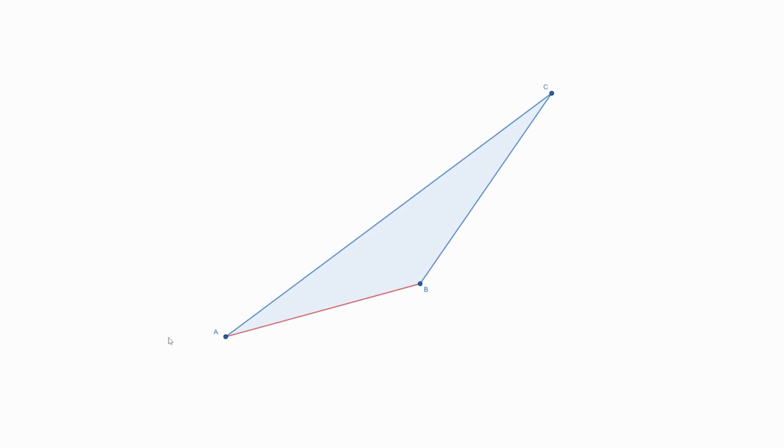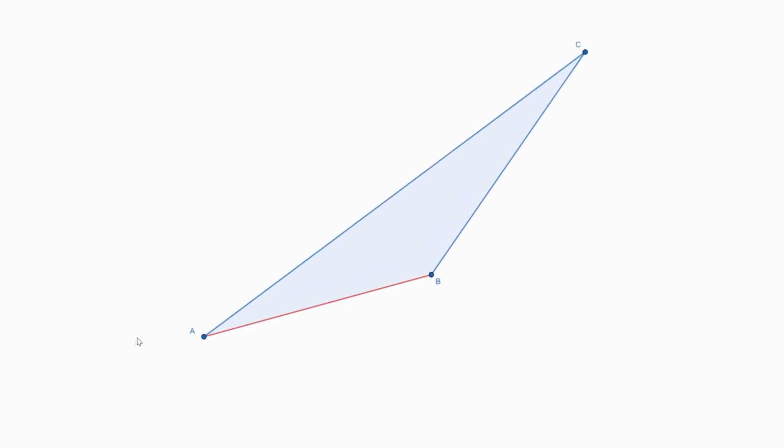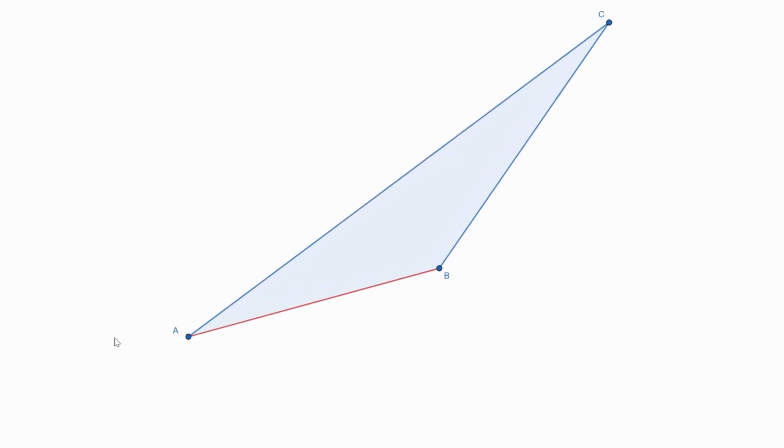Okay, for base and height you need to use all 3 points. So if you have used 2 points to get your base, then the third point is used to get the height of the triangle. So let me show you how I went ahead and determined the height of this triangle.